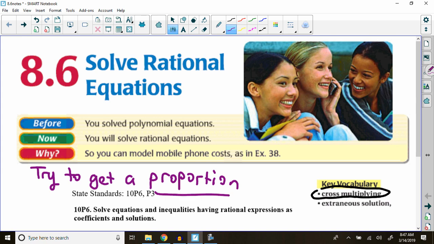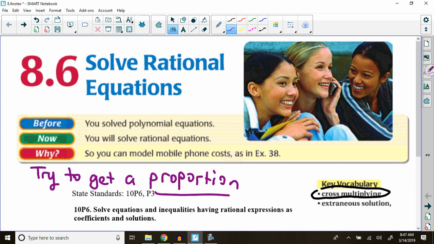If you don't remember what a proportion looks like, we'll talk about them here in a minute. It's a comparison of two quantities by division, and it's an equality of two quantities, actually. So a proportion is essentially going to be a fraction equal to a fraction.